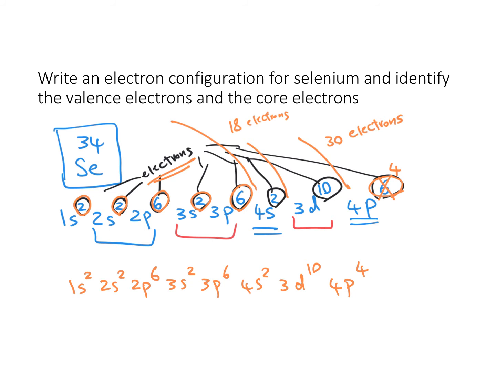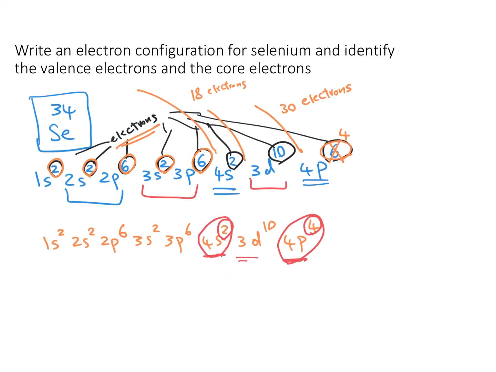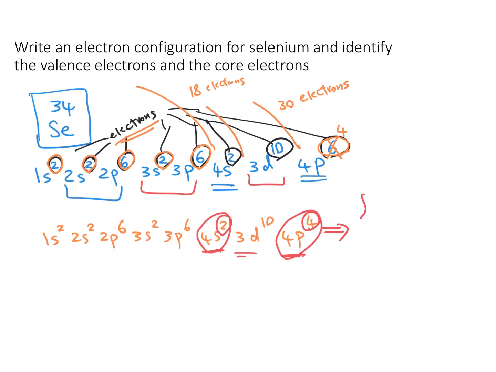So what is the highest number of n you see here? 4. Exactly. So I have 4s2 and 4p4. You should pay attention: although you wrote 3s first, you count the number of electrons in n equals 4 to report your valence electrons. So what is the number of your valence electrons? Exactly.